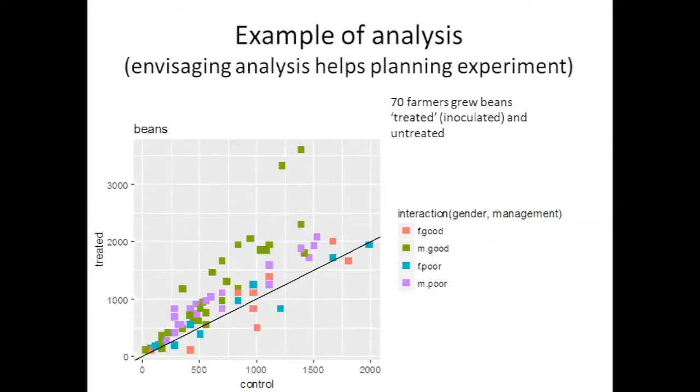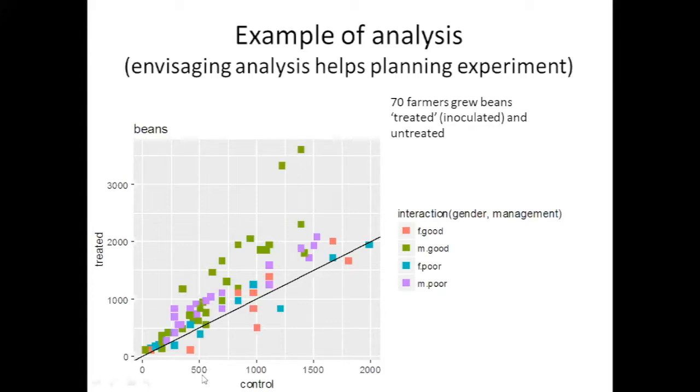And I'm showing you this while we're talking about experimental design, because I think if you try and envisage the way you will analyze data while you're doing the planning, it really helps you to plan the trial well. So this is one way that we could analyze this data.